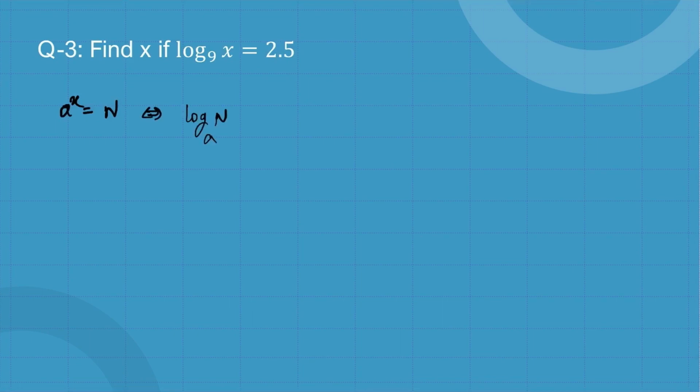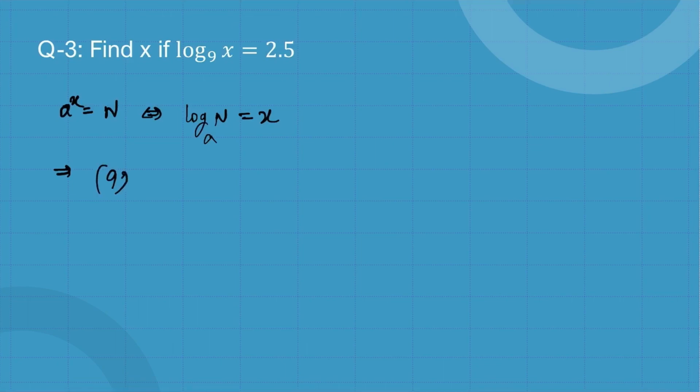The next question: we have to find x if log base 9 of x is equal to 2.5. By the definition, we know that if a raised to the power x is equal to N, then log of N with base a will be equal to x. So we change the logarithm into the form of exponent.